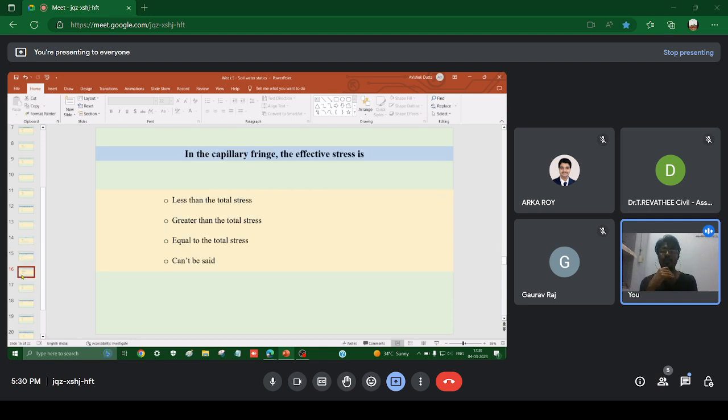In the capillary fringe, the effective stress is less than the total stress, greater than the total stress, equal to the total stress, or can't be said. You have to tell me the relationship between effective stress and total stress.